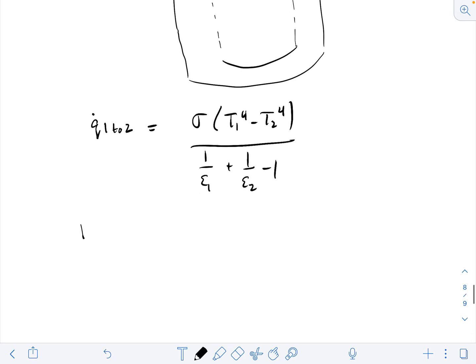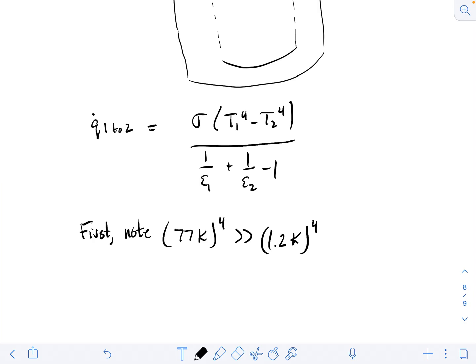Okay, so first thing to note, and this is common, is that 77 Kelvin to the power 4 is much, much greater than 1.2 Kelvin to the power of 4.